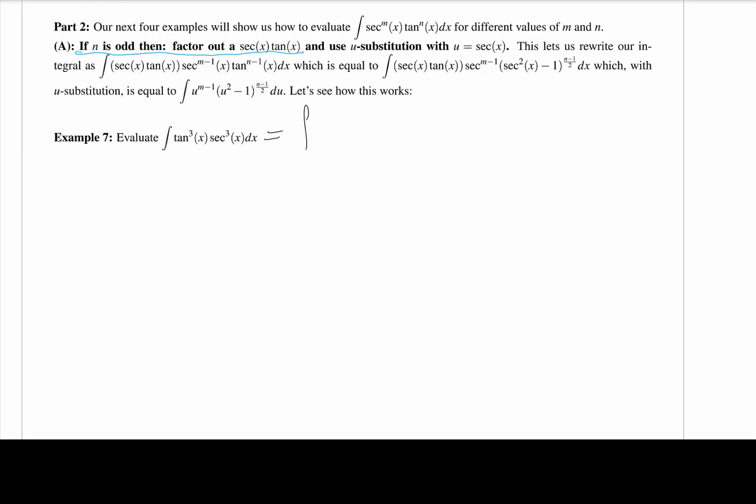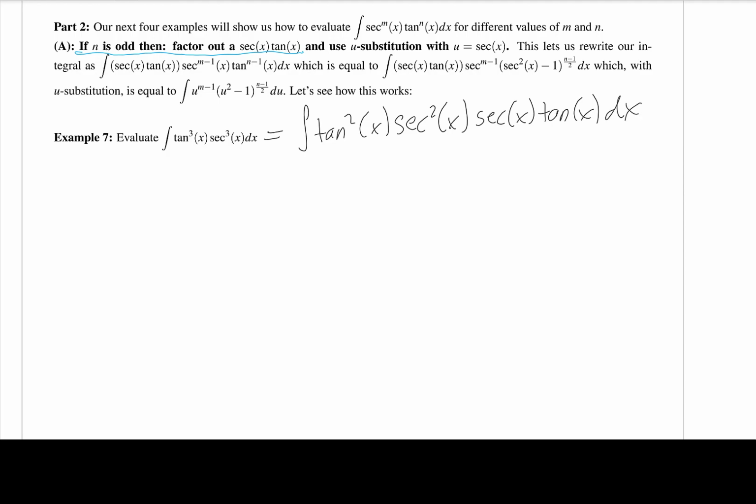So this becomes the integral of tan squared of x secant squared of x times secant x tan x.